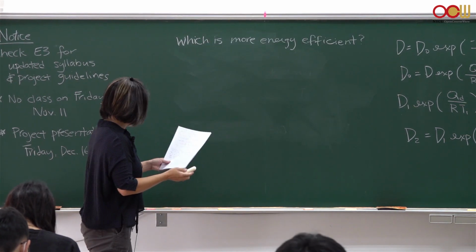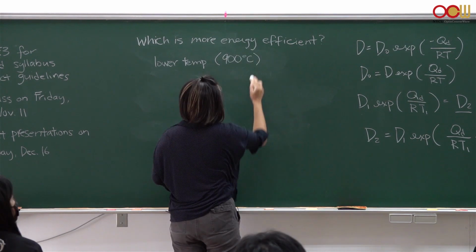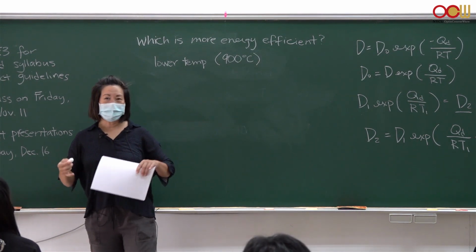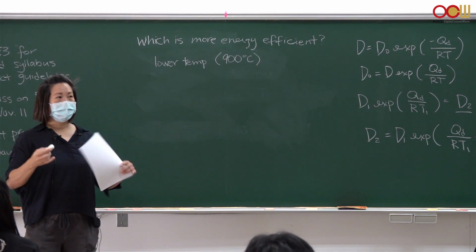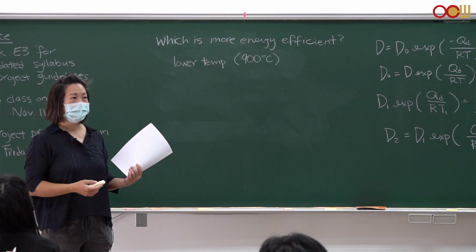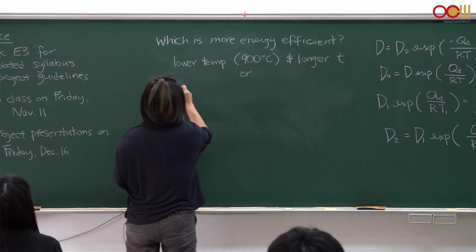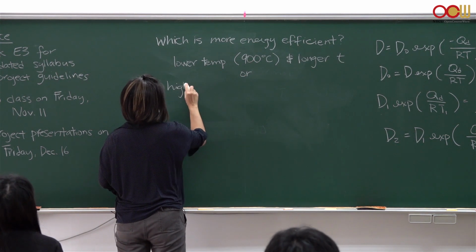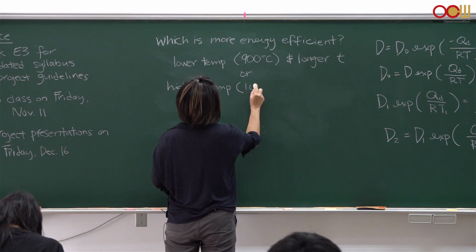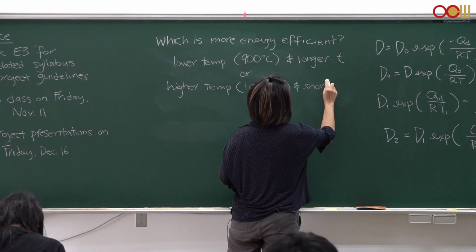To do the doping at a lower temperature, 900? So would you expect a lower temperature to take a longer or shorter time to get the same doping concentration? Longer. Or you could raise the temperature to 1,000 degrees Celsius, and you'll have a shorter diffusion time.